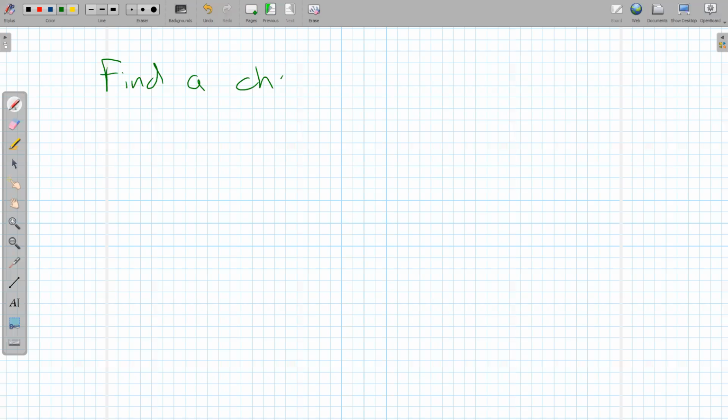Find a change function. And the change function has to be derived from the original function, and that's kind of where the idea of calling this a derivative function comes from. A derivative function.